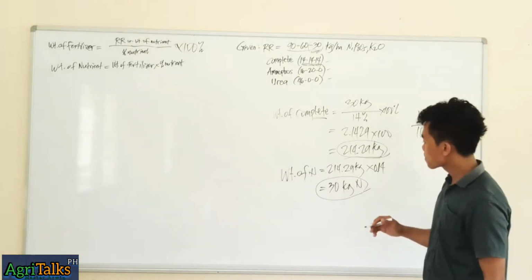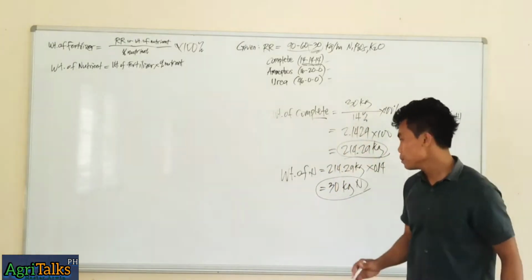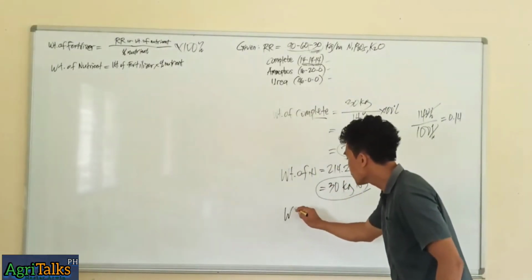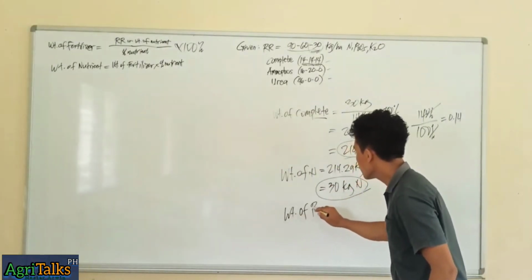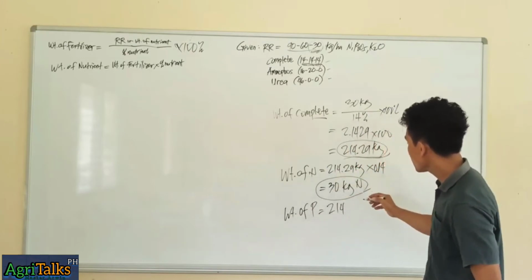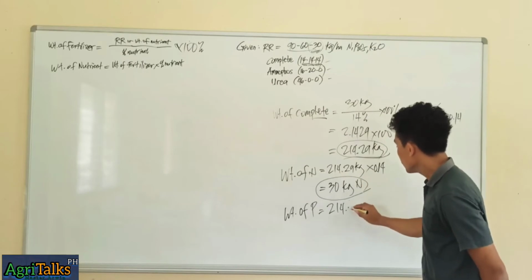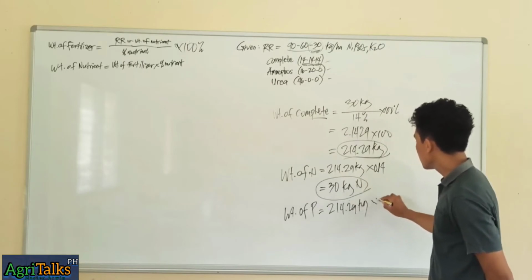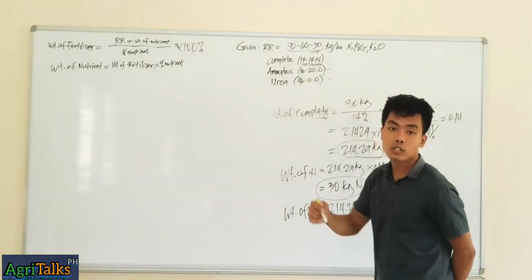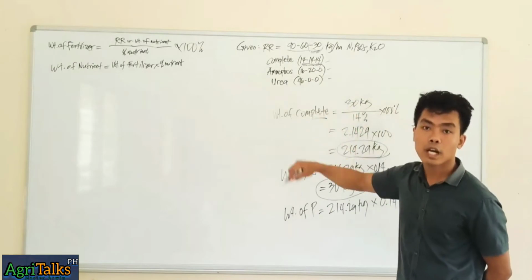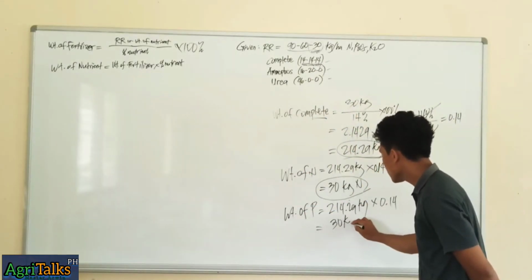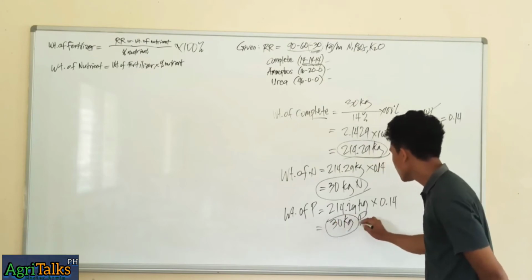Then we will compute for the phosphorus and potassium. So weight of phosphorus is equal to 214.29 kilograms times 0.14, since 14% is the percentage of phosphorus in that particular fertilizer. So the answer would be 30 kilograms phosphorus.